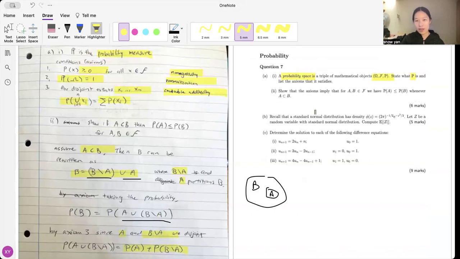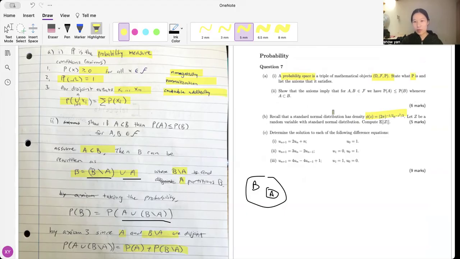I'd say B is kind of similar to the collection question, except it's made much easier because they gave the standard density function right here. So recall that a standard normal distribution has this density. Let Z be a random variable with standard normal distribution.